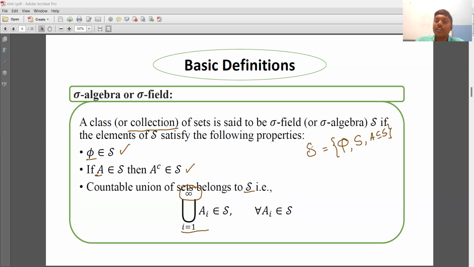This will construct the collection which will be a sigma algebra. Let me take a very simple example.